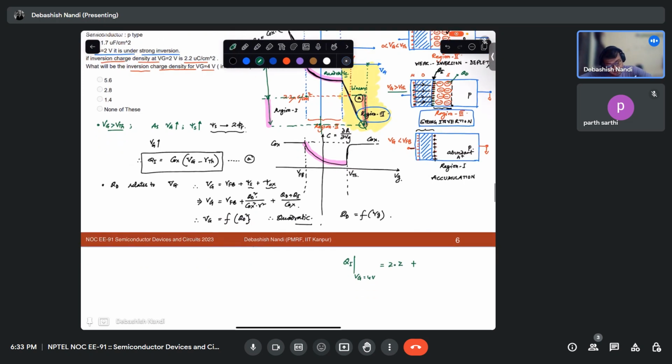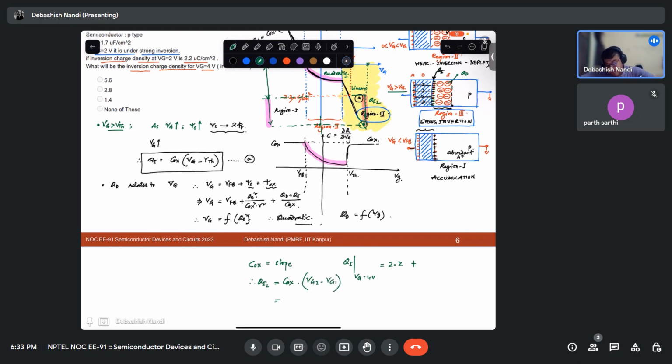How can we find out? We know that Cox is the slope. So this is, let's say, Qi2. Your Qi2 would be nothing but Cox times Vg2 minus Vg1.